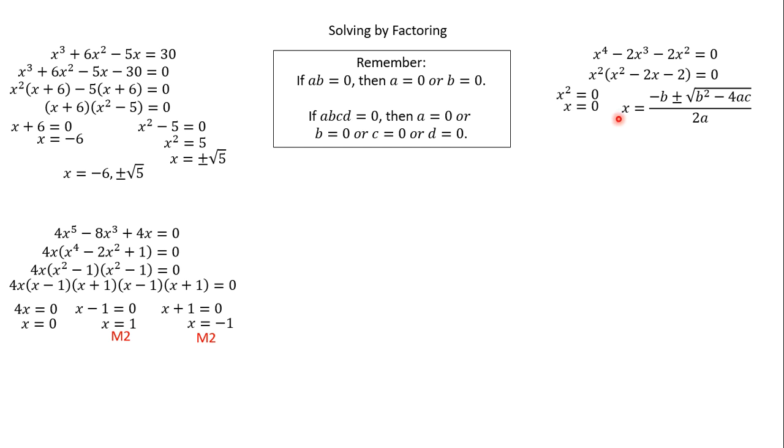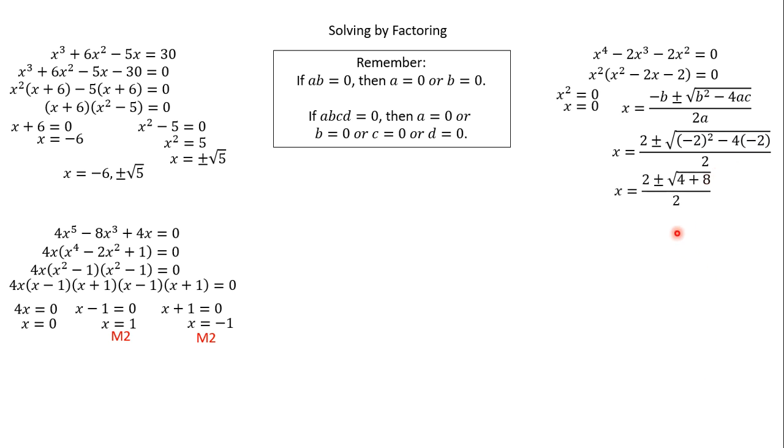We just need to plug in 1 for a, negative 2 for b, and negative 2 for c. So we do that. We get there. Notice I didn't plug in the 1s for the a's because it's all times 1. Doesn't matter. And so then we can square. Negative 2 squared is going to be 4. Negative 4 times negative 2 is going to be 8.